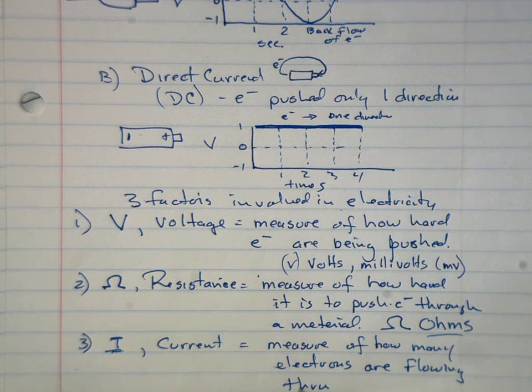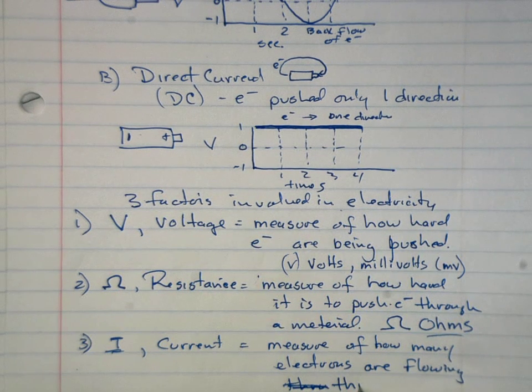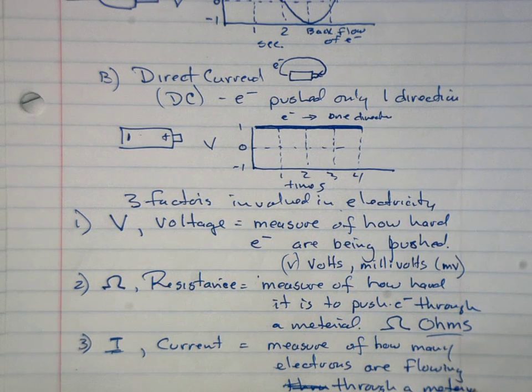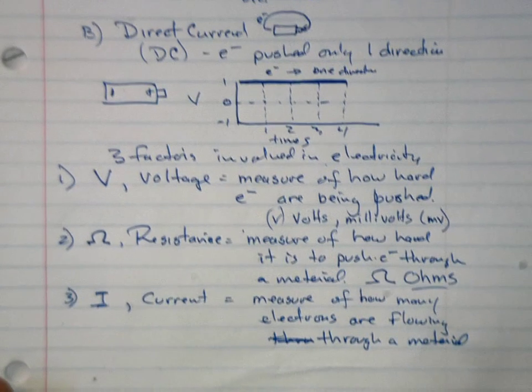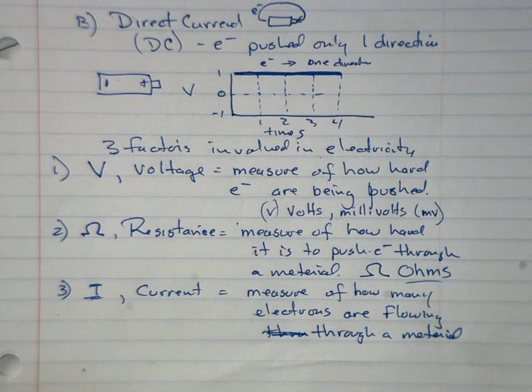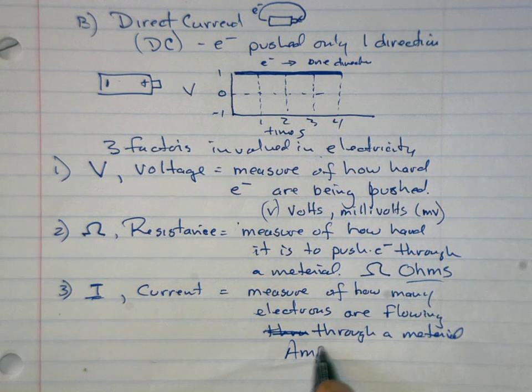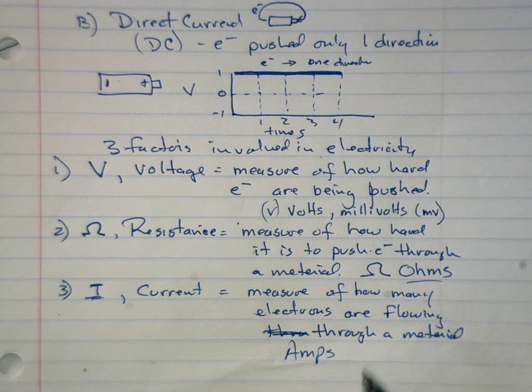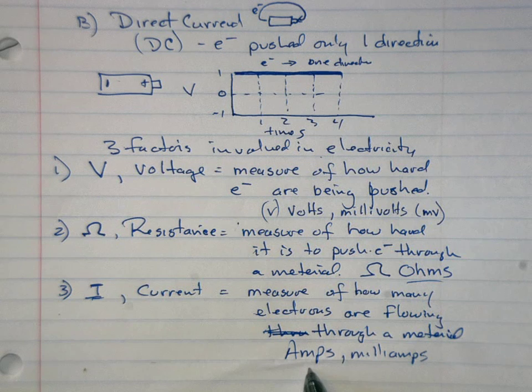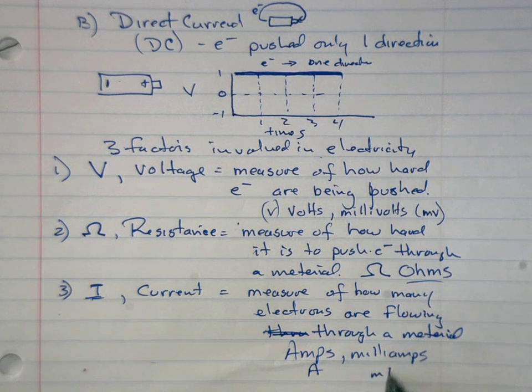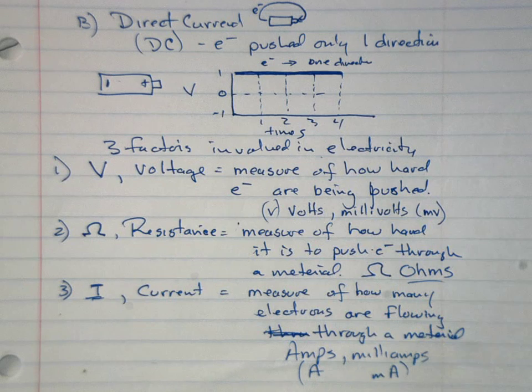Is it like how many are going through it per second or something? Yes, that's right. And it's going to be measured in amps, or milliamps if you've got small little systems. That's usually an A or milliamp like that. And I think we showed that to you on the voltmeters before.